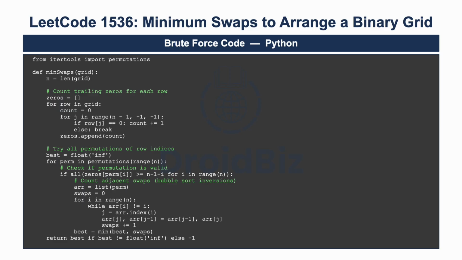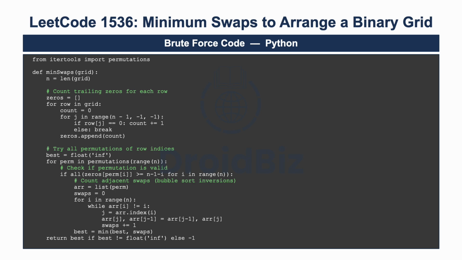If the permutation is valid, we count the adjacent swaps needed to reach it. We simulate a bubble sort, repeatedly find the row that belongs at position i, and swap it forward one step at a time. Finally, we return best if a valid arrangement was found. Otherwise, we return -1. This works correctly, but generating n factorial permutations makes it far too slow for large grids.